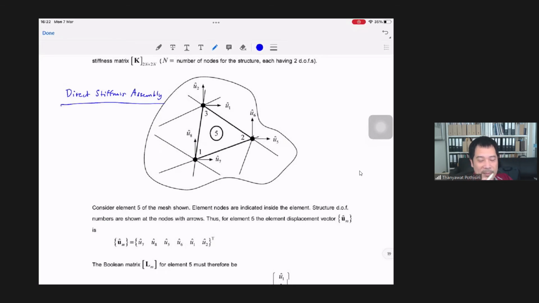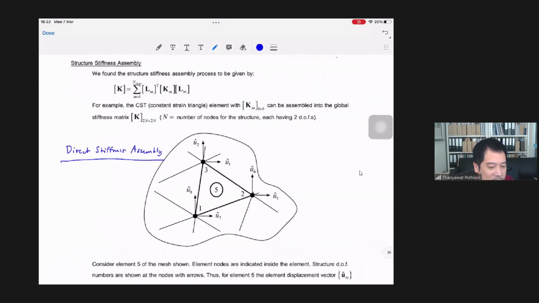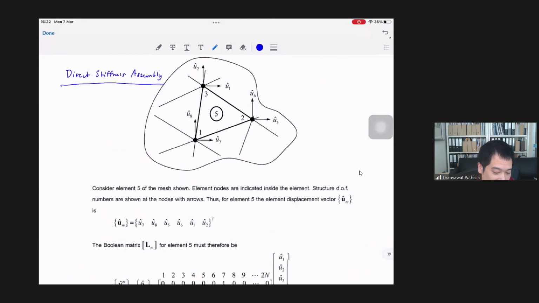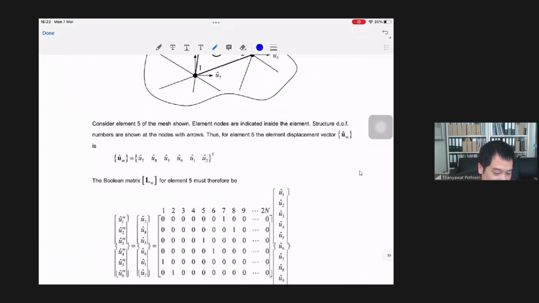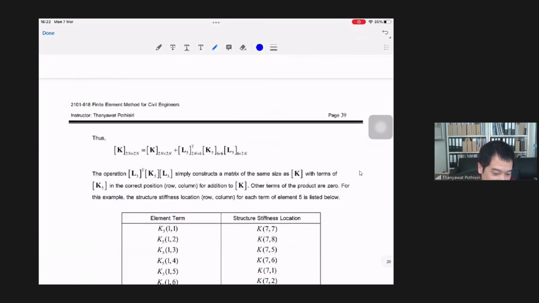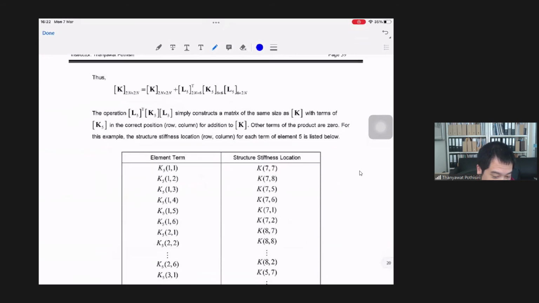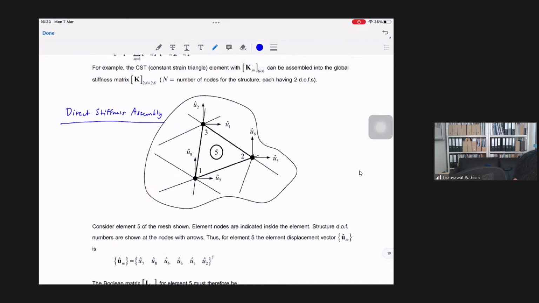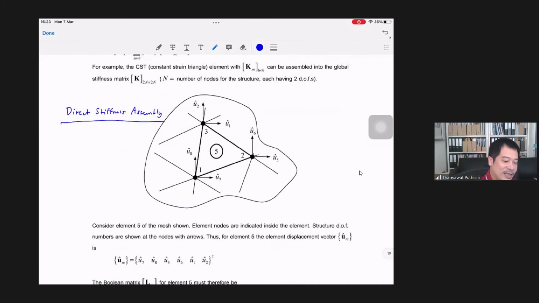So we're going to use the same concept here, but it is going to be called a destination vector.